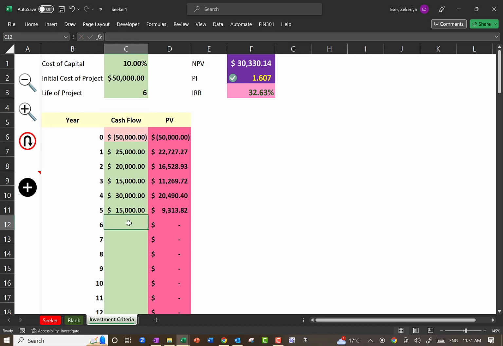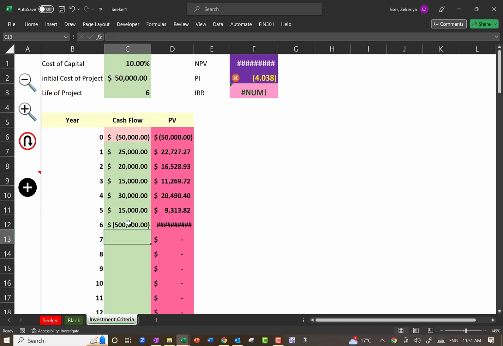And in the 6 years, you're gonna spend $50,000, not 500. Okay? Negative 50, I'm sorry. Now, even with that, it has a positive NPV, and the IRR is actually greater than 14, greater than the cost of capital.